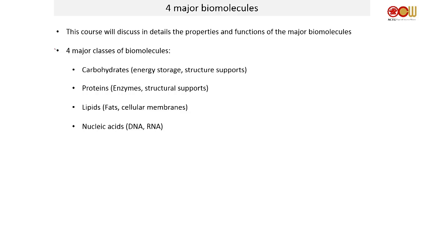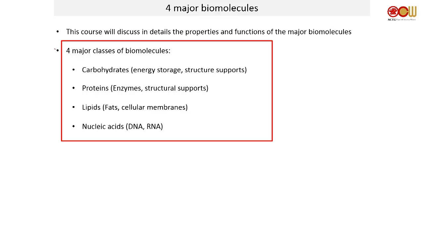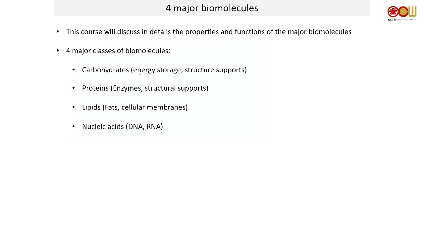Of course, we start with the 4 biomolecules that we have in nature. This class primarily discusses in detail the properties and functions of these 4 major biomacromolecules: carbohydrates, proteins, lipids, and nucleic acids. Carbohydrates are primarily used for energy storage and structural support.